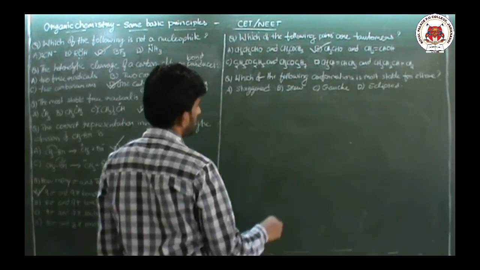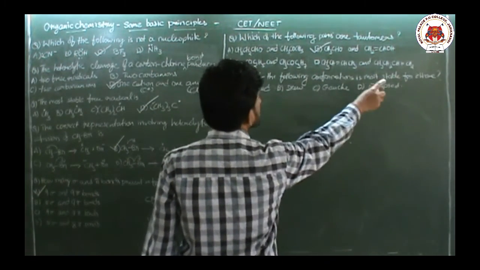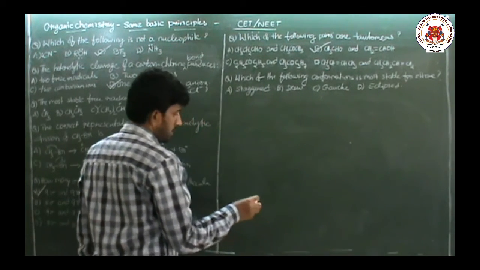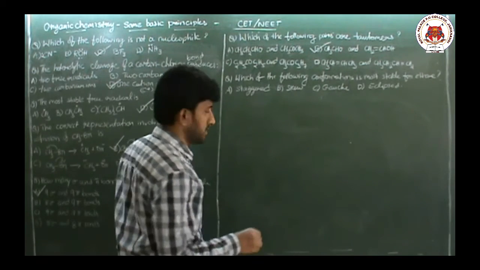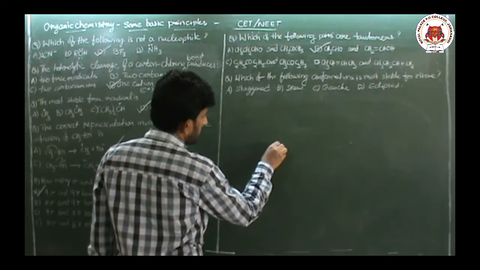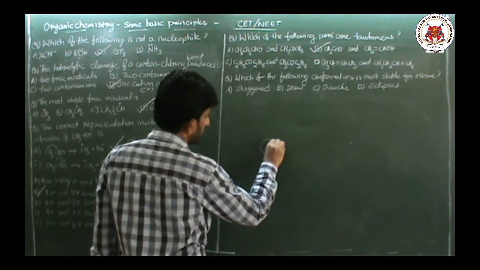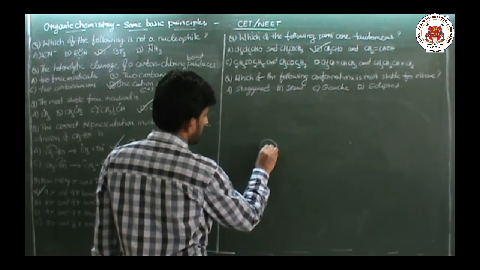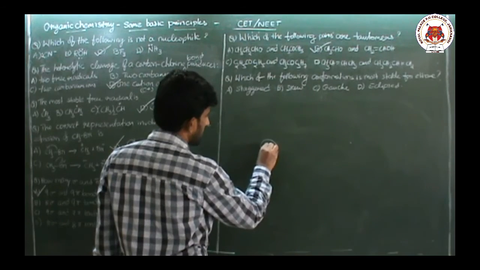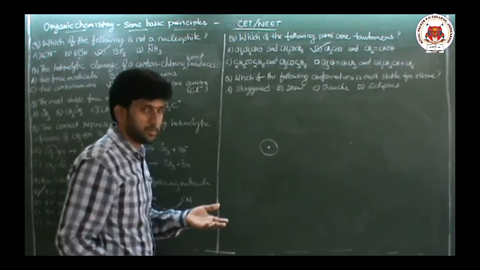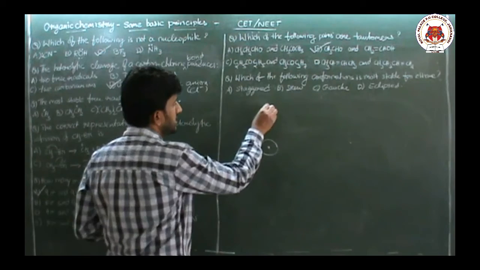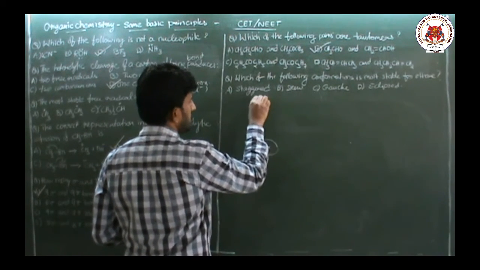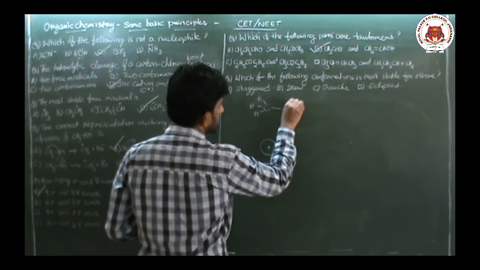Next is, which of the following conformations is most stable for ethane? In ethane conformations, you know that we take the back carbon with a circle and the front carbon is represented like a dot. Ethane is CH3 single bond CH3.